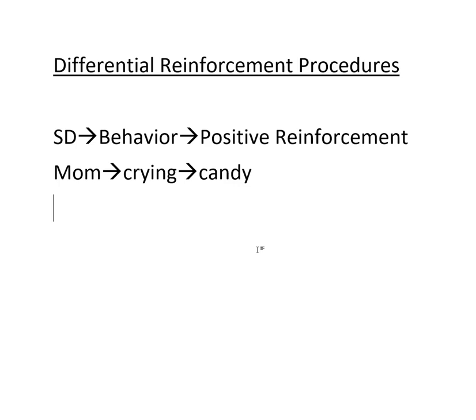It's basically called differential reinforcement because you are going to stop reinforcing what you used to reinforce before, okay? So this mom who's reinforcing the crying with candy will stop giving candy after the crying, and then she will give candy some other time. And when does she give candy?